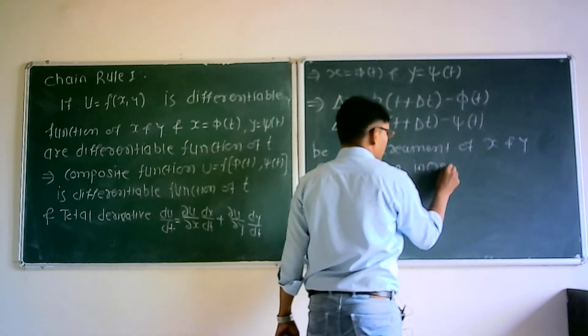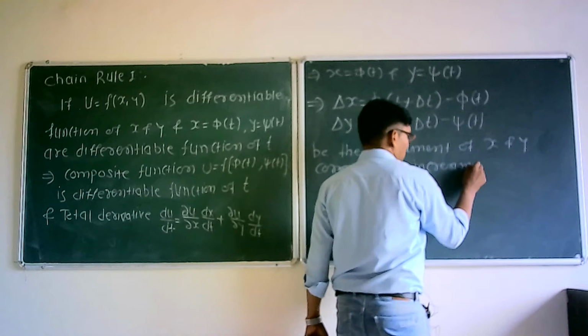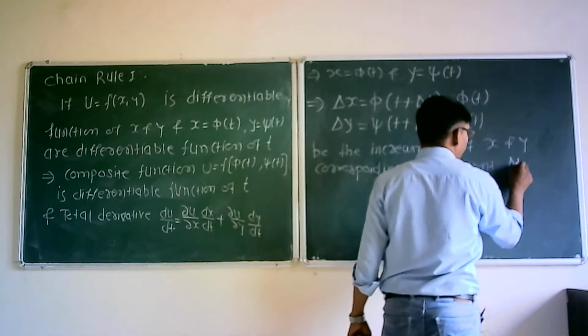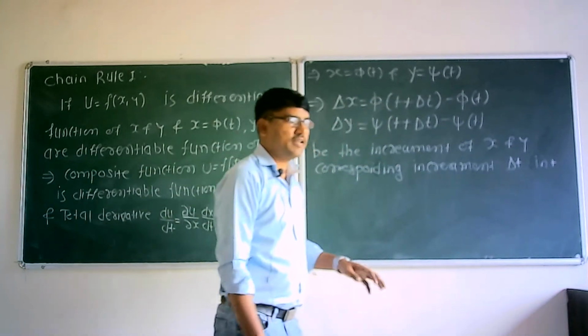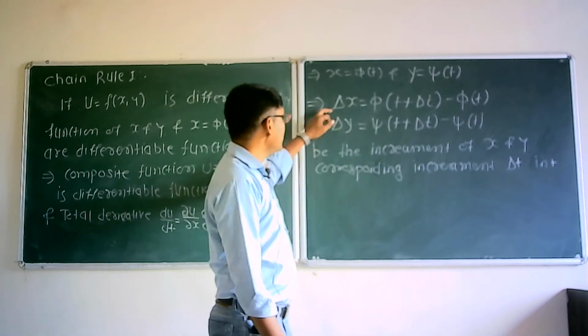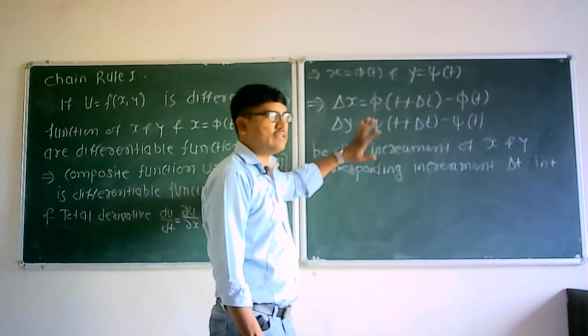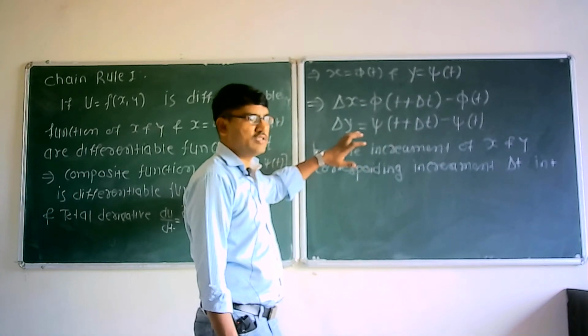If delta t is an increment in t, then delta x and delta y are the increments in x and y respectively.